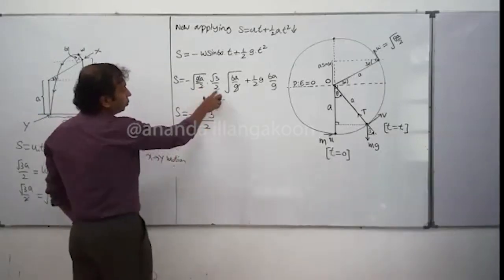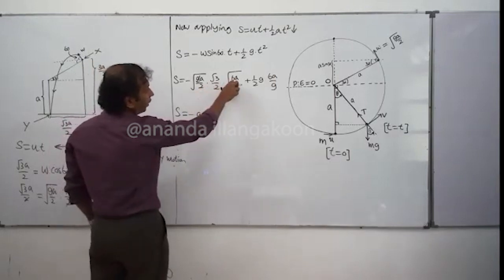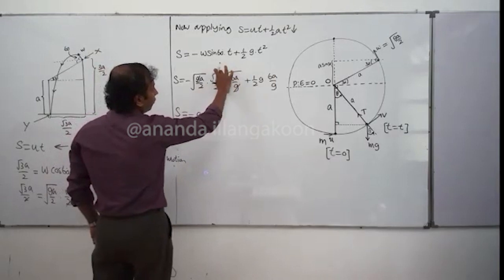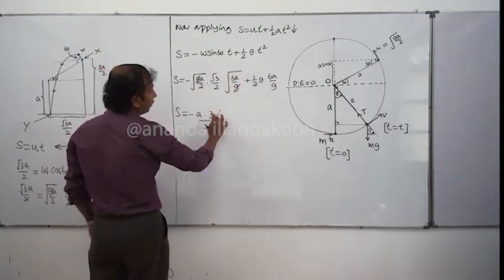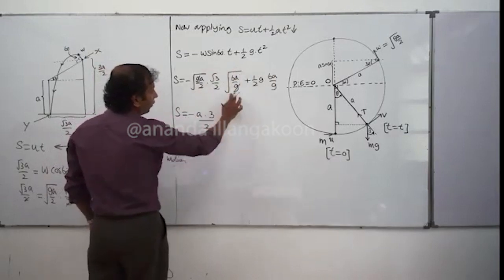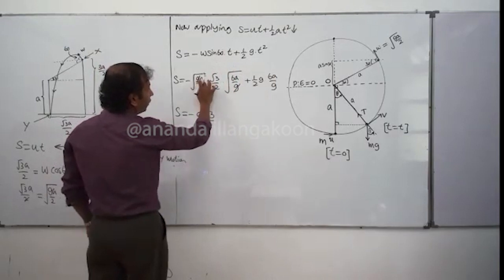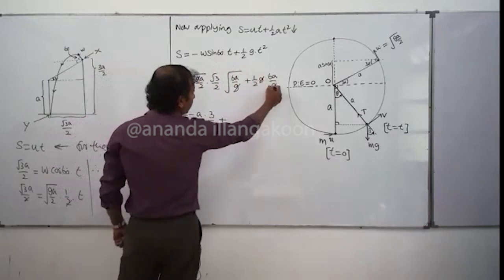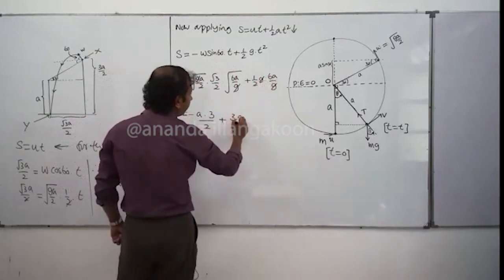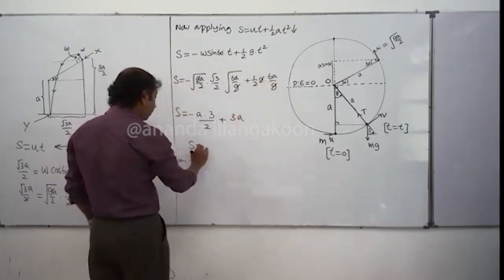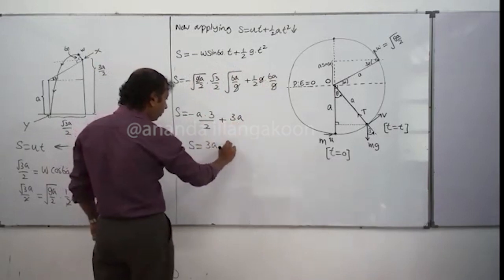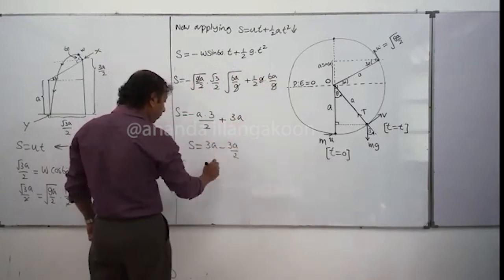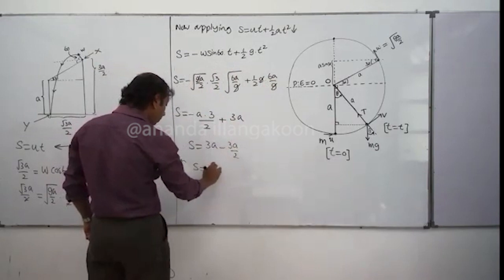This root 2 and this root 6 we can cancel down, root 3 comes in here. That root 3 and this root 3 is 3. This 2 is here. The g we cancel down. Root A here, plus this 2 we can cancel down. Here we get 3A. So 3A minus 3A by 2 means 3A by 2.